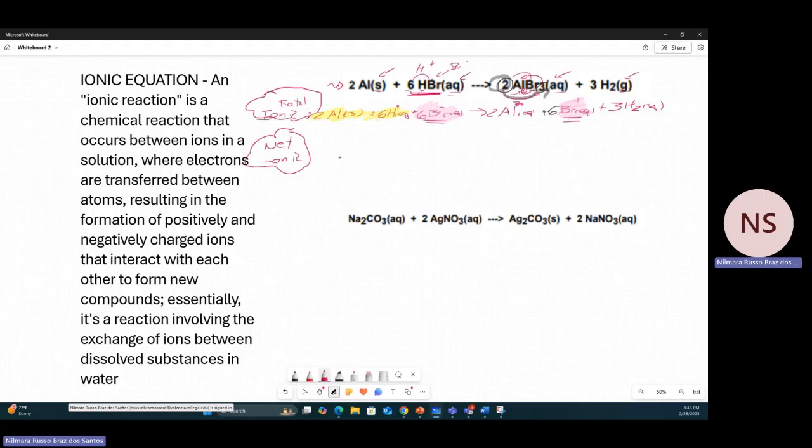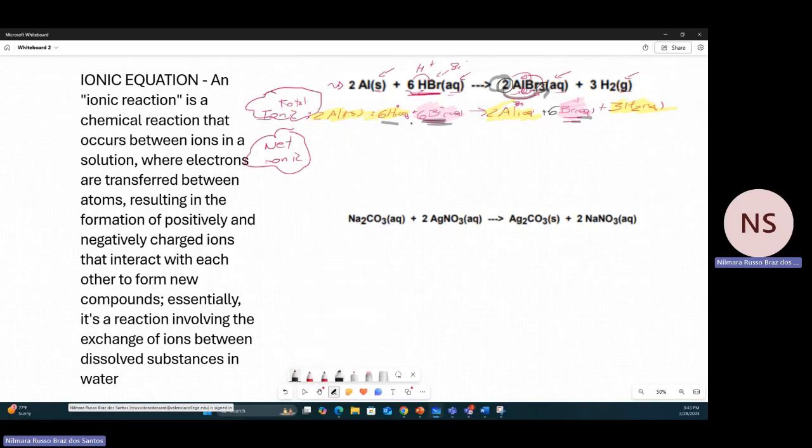So my net ionic will be just, let me put over here, just the yellow ones, because they are not spectators. The other ones are the spectators because they are not participating in the reaction; the way they come in over here, they will come out over here, okay?